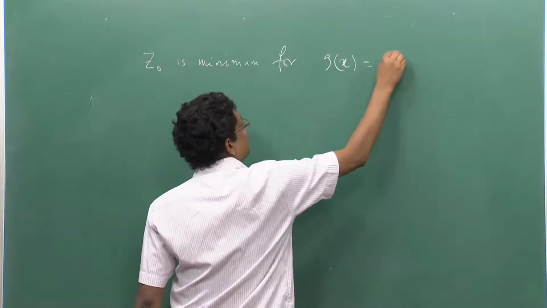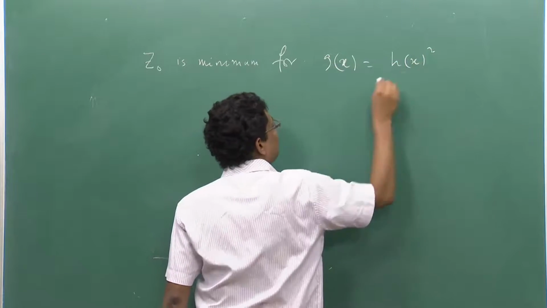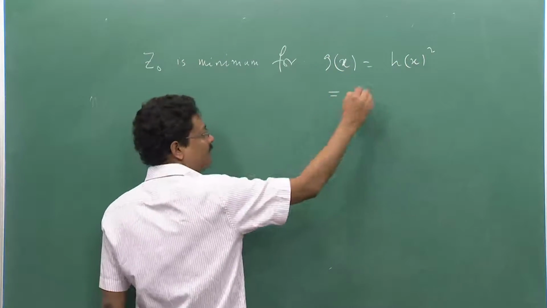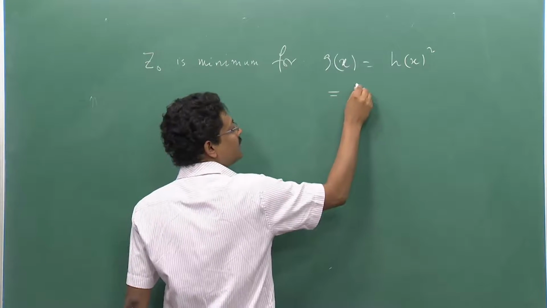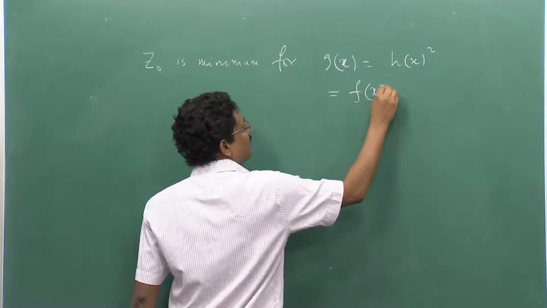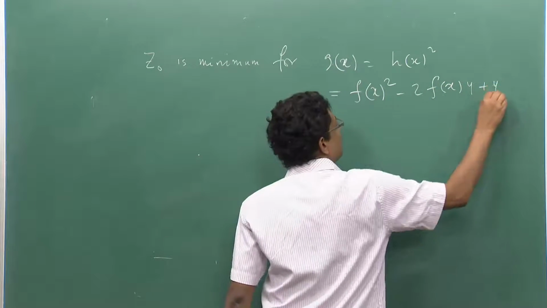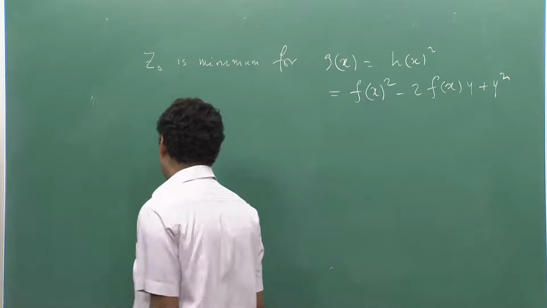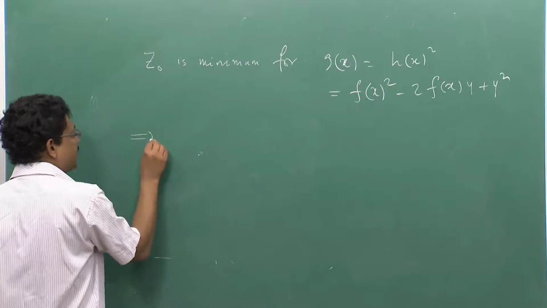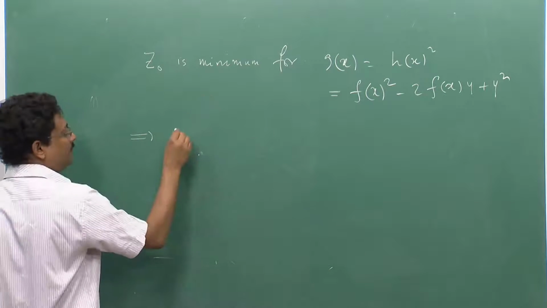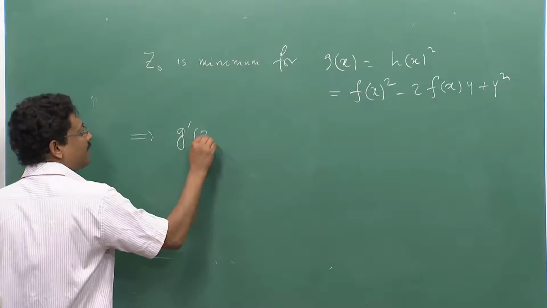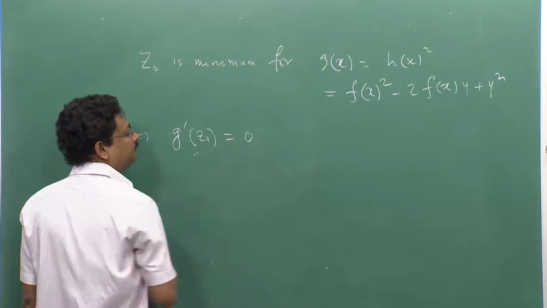So hence for g x, which is h of x squared, because h is a positive function, which is f of x squared minus 2 f x y plus y squared. Since z naught is in the open interval, this implies g prime of z naught equals 0.